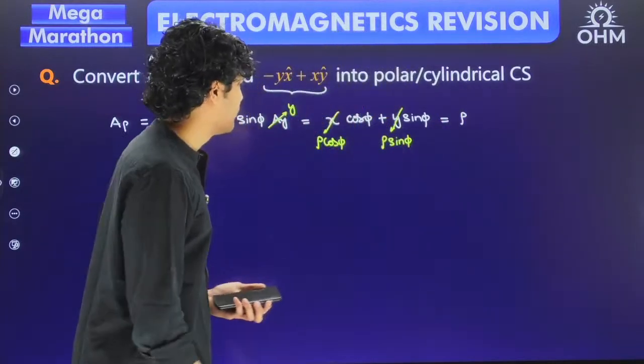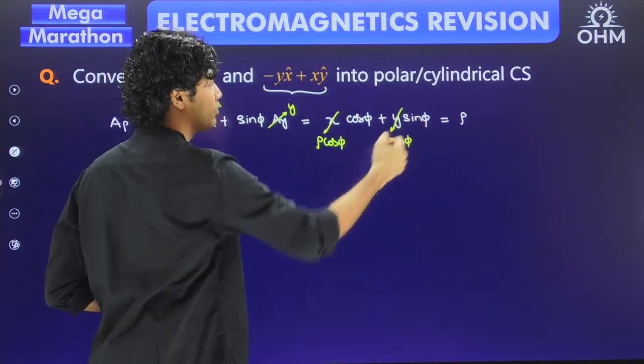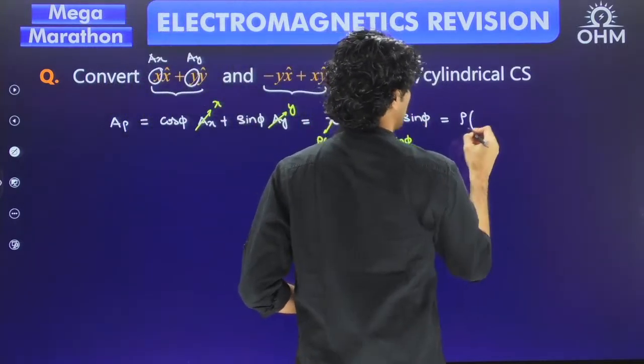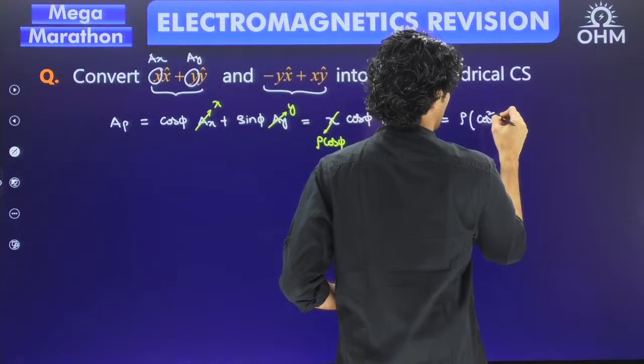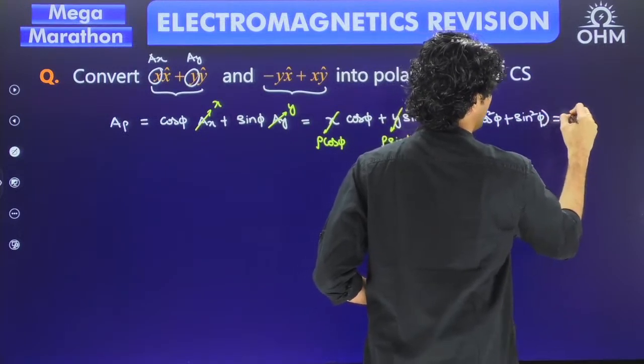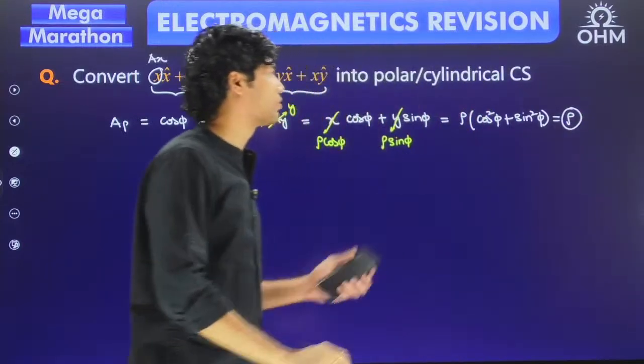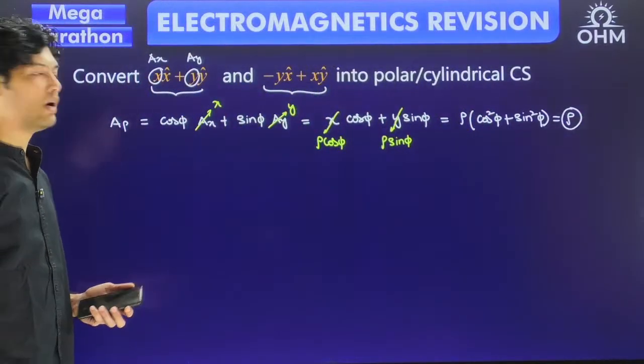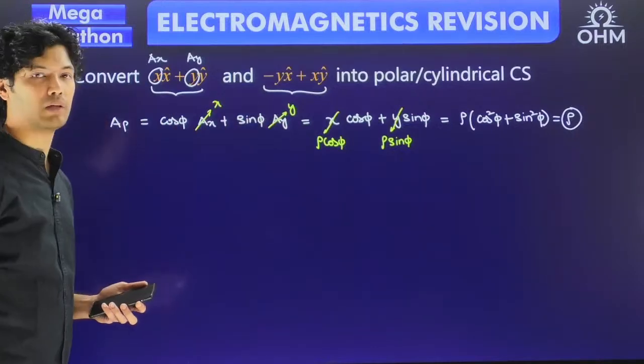Then you have cos square phi plus sin square phi, which becomes 1. Hence a rho component is nothing but rho only.